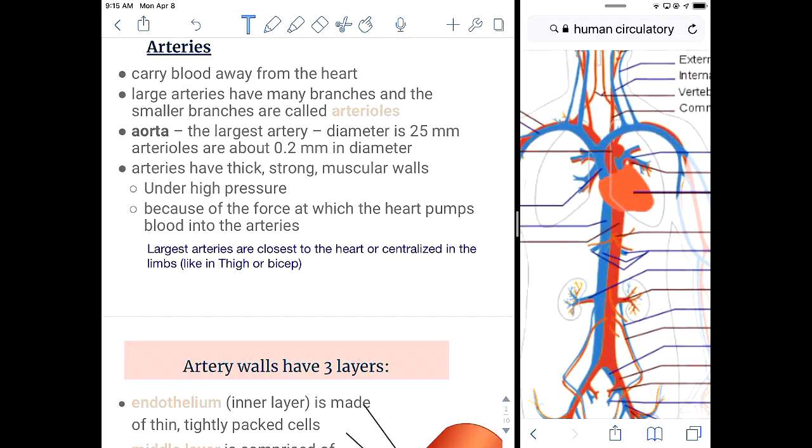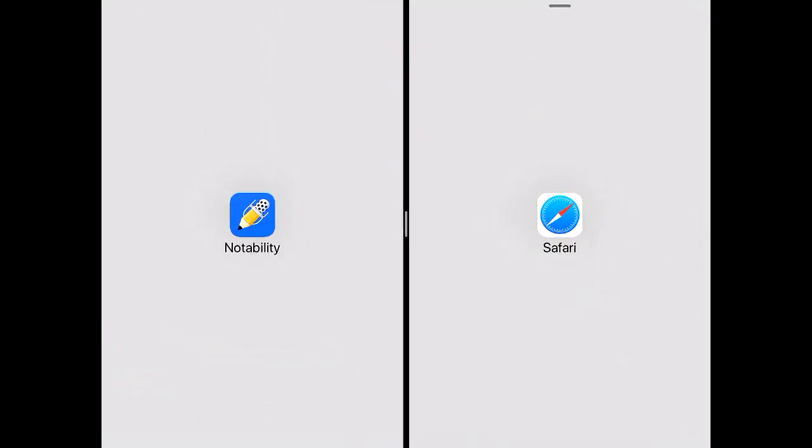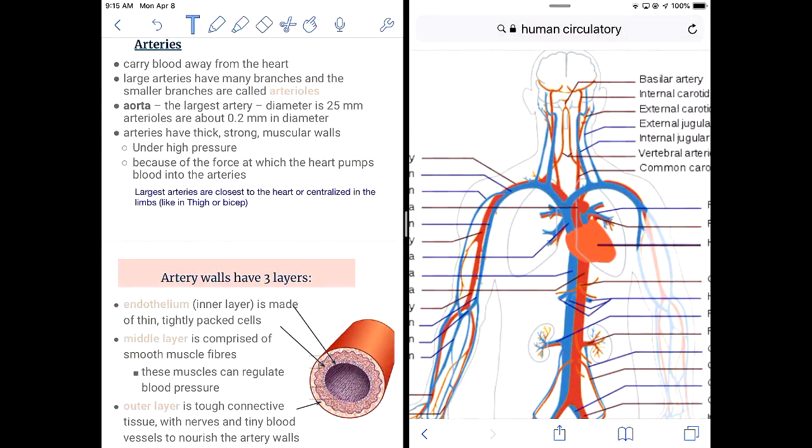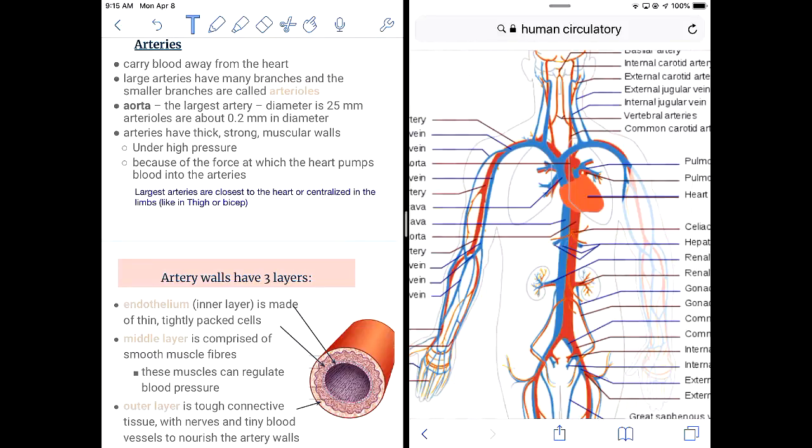You can see the thickness of the arteries and how they get narrower as they stretch away from the body. This is just the arteries and veins. You can see that they're very wide coming off the heart, and then they slowly taper down as they get closer and closer to the extremities. Again, down here, these would also be tapered out and get narrower as they go away.